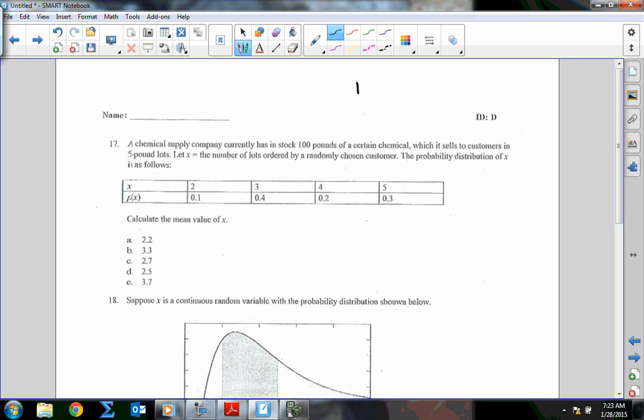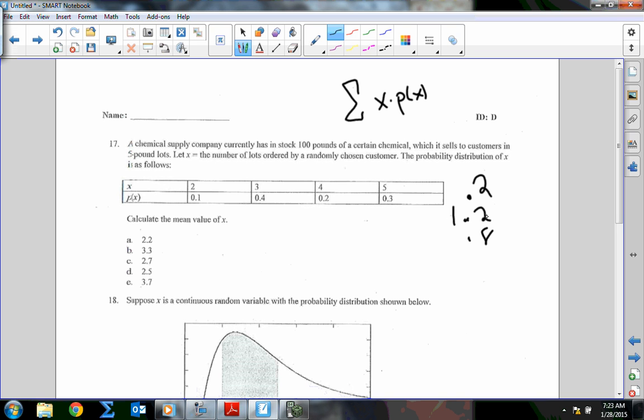Because if you remember from the true-false section, the mean is equal to the sum of X times P of X. And then we look at these numbers and go, oh, these are really nice numbers. I can multiply all these in my head and just add them up. So 2 times 0.1 is 0.2. 3 times 0.4 is 1.2. 4 times 0.2 is 0.8.